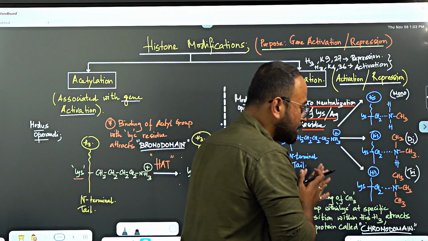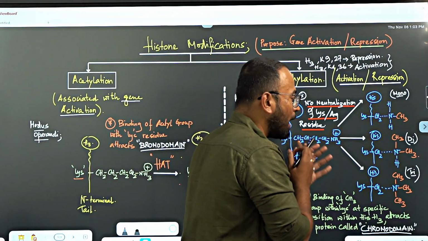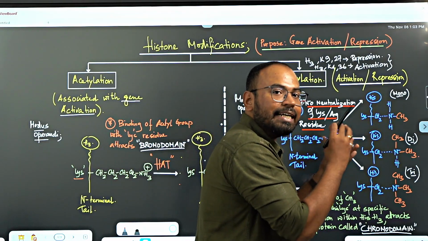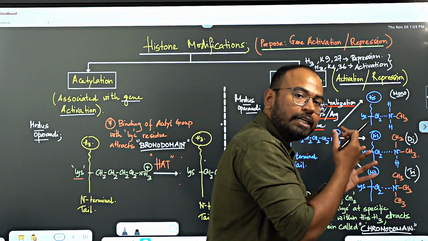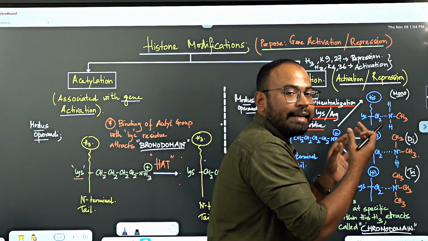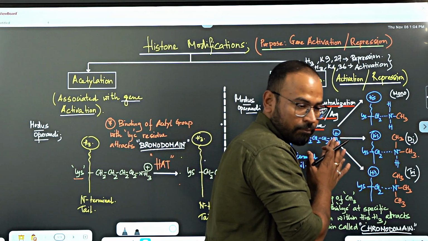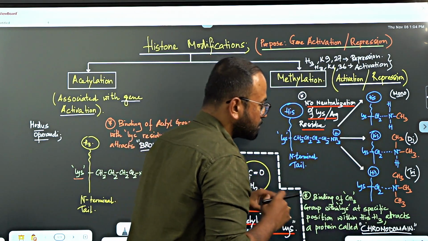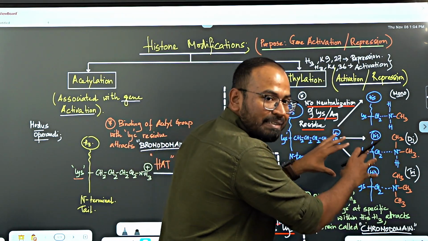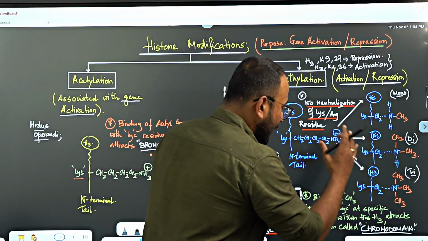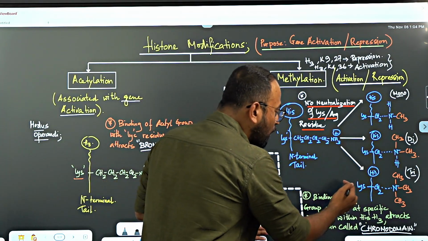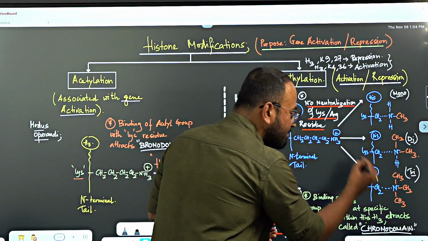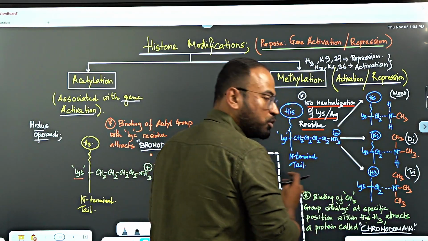And due to this process, what happens? Two distinct mechanisms can simultaneously occur. It can either lead to activation or it can lead to repression. Now, what happens? Suppose a methyl group is added. As you can see from this statement I have written, binding of a methyl group within the lysine residue at a specific position.